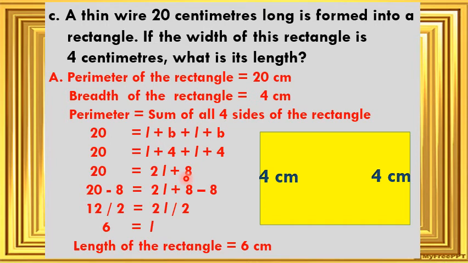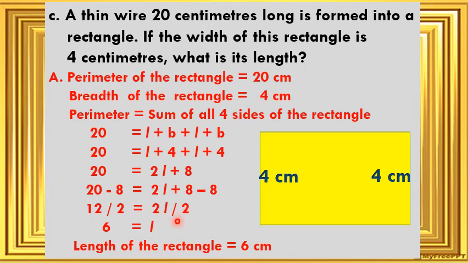Now subtract 8 from both the sides. So 20 minus 8 equals 2L plus 8 minus 8. So 12 equals 2L since 8 minus 8 is 0. Now divide both sides by 2. That is 12 divided by 2 equals 2L divided by 2.